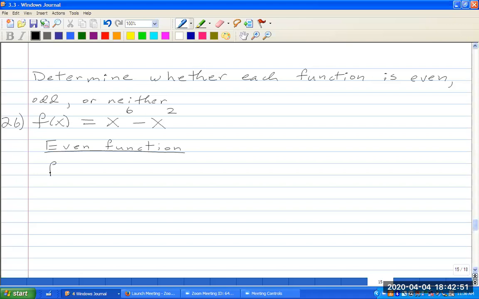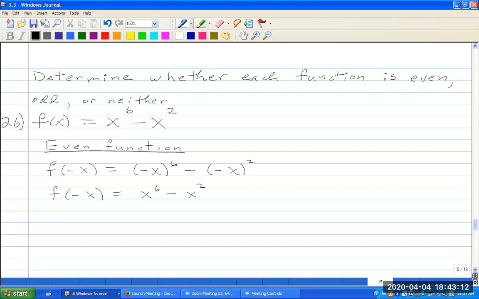All I want to do is replace x by -x. So I just replace x here by -x. And so I get -x to the 6th is x to the 6th. -x squared is just x squared.